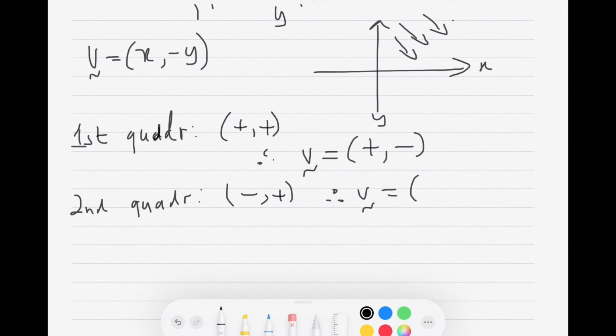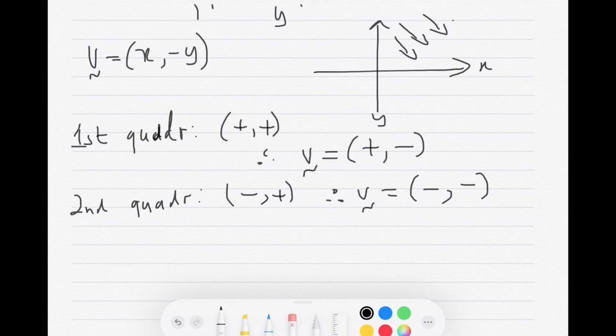If x is negative and y is positive, then the x component becomes negative, and the second component is negative times y positive, which is negative, so the vector field takes on directions negative, negative.